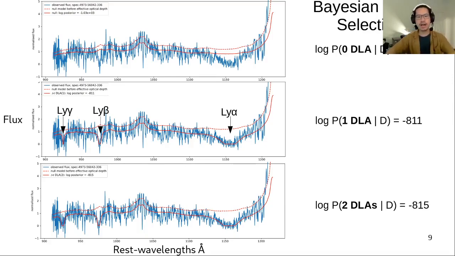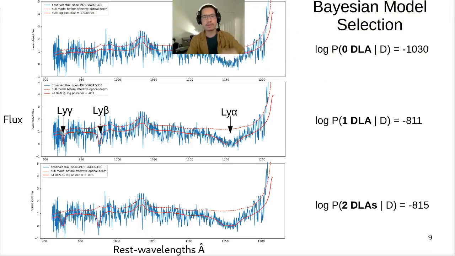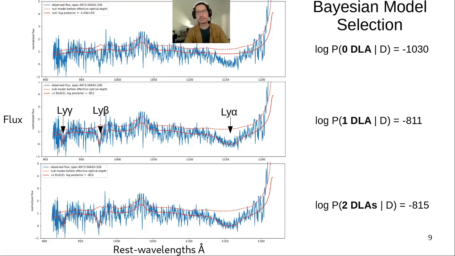So here I schematically describe how Bayesian model selection works. In the top panel, the dashed red curve is the GP mean prior before adding Lyman forest suppression.